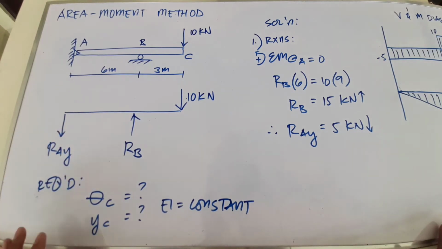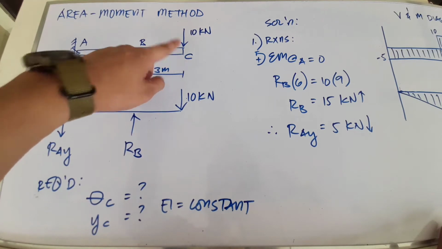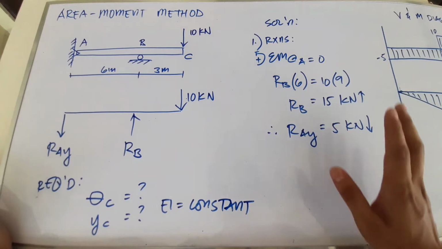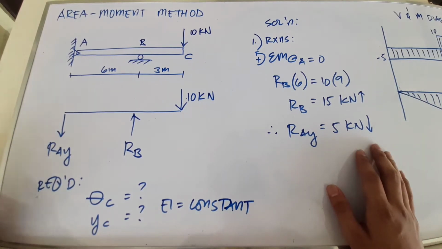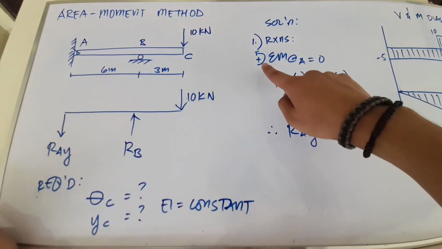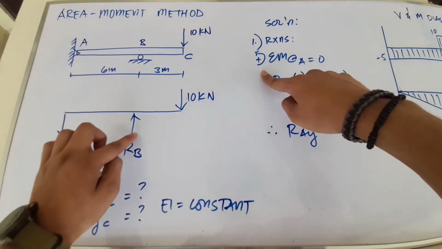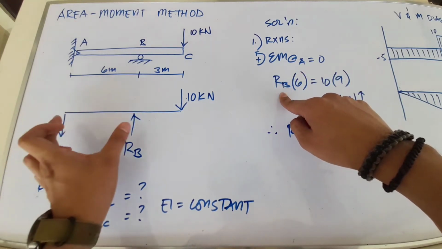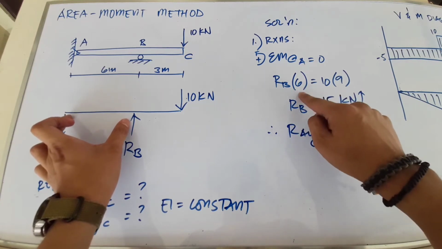So for this particular problem, what is required is the deflection and slope at point C, which is here. So what we will do first is get the reactions, the reaction at point A and the reaction at point B. So, we take the summation of moments at point A to get the reaction at B. We will use the direction of the moment of B relative to A so that it is positive right away. So, the moment arm of RB is 6 meters.